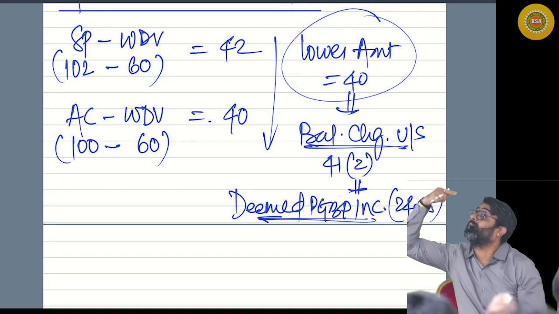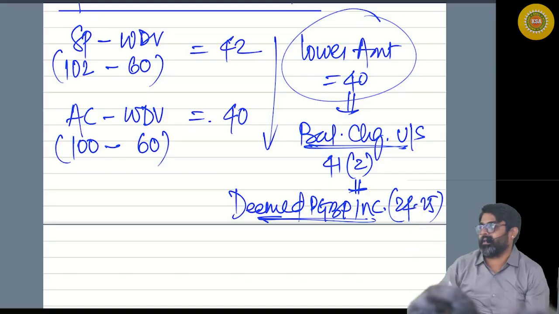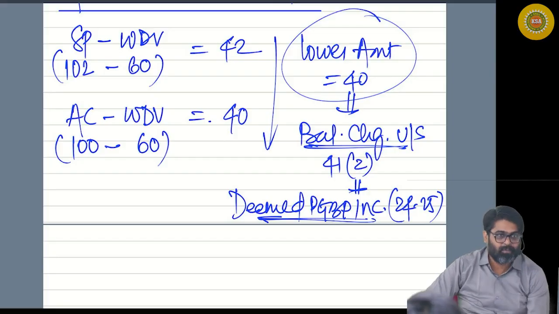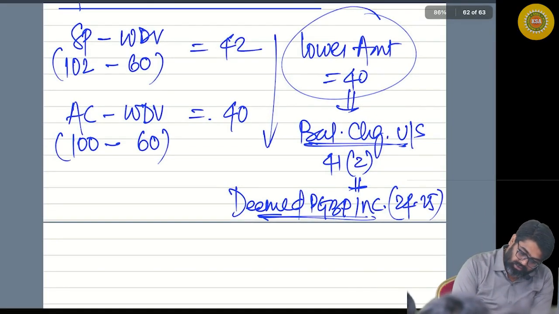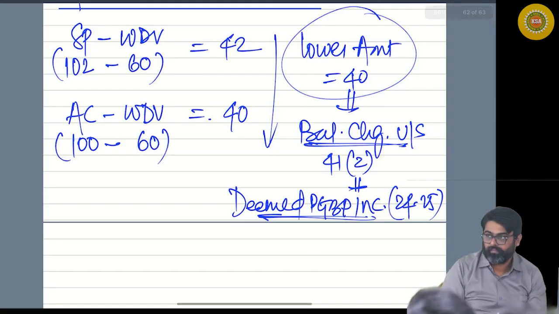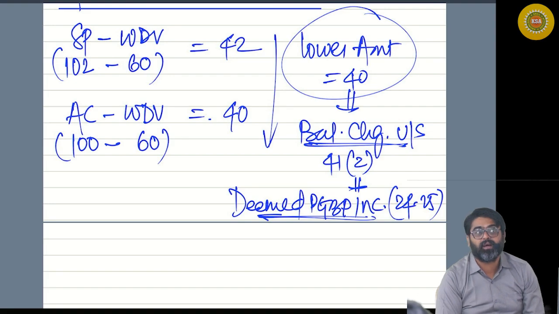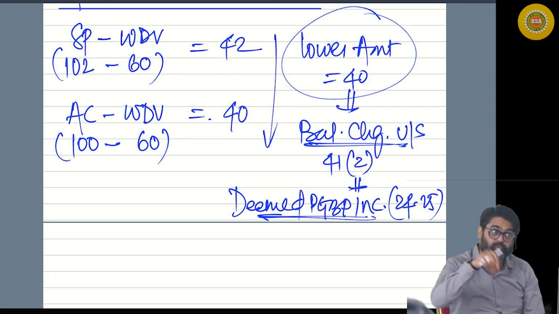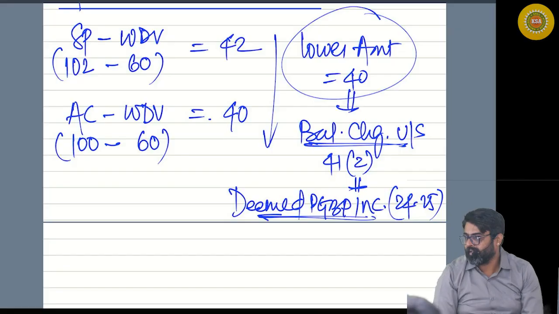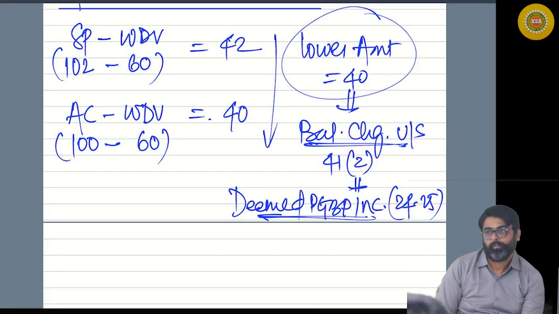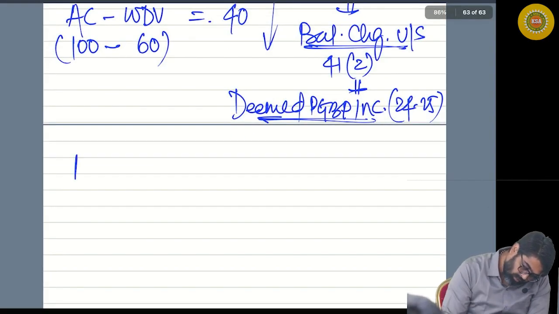Any recovery over and above that cannot be treated as your PGBP income, that is your capital gains. Getting my point? So now what are you going to do? 42 or 40, whichever is lower. Even though you got a profit of 42 over and above WDV, the entire 42 cannot be charged under the head PGBP. Only 40 can be charged because 40 cost was allowed in the form of depreciation. So to the extent of 40 only, consider as your PGBP income. Now tell me, what was the selling price?